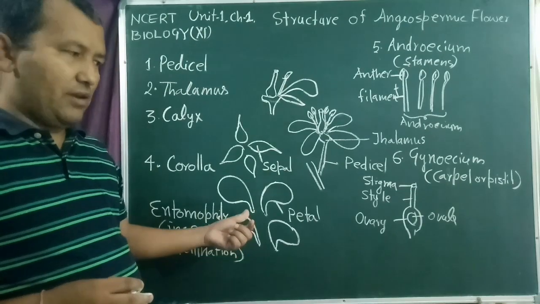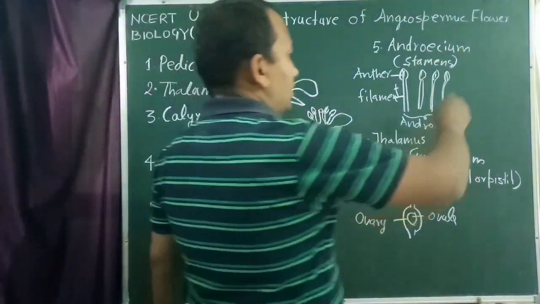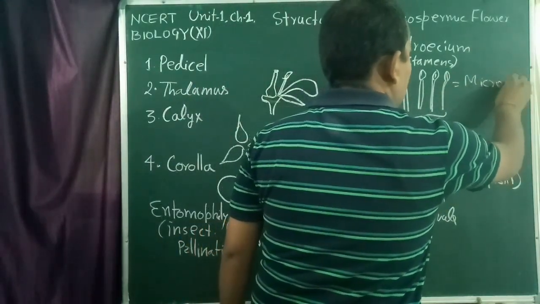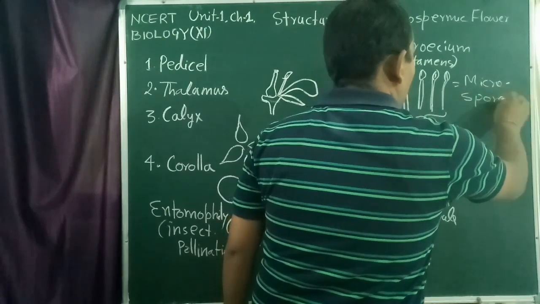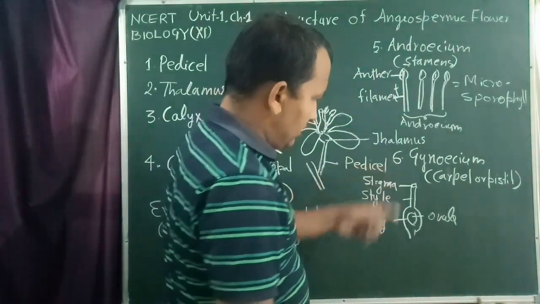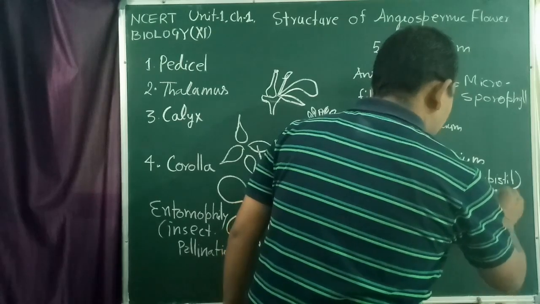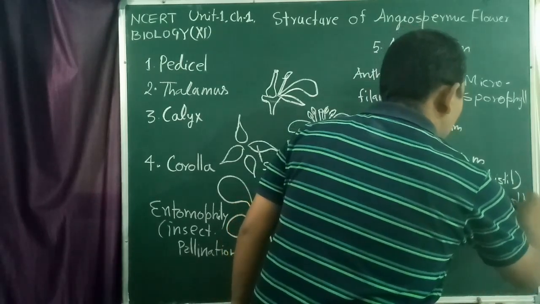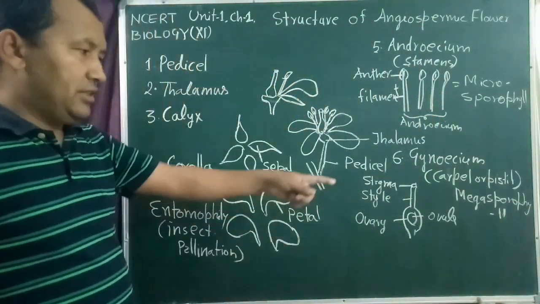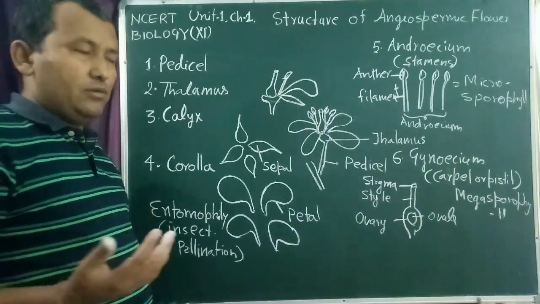Here also, when we say androecium or the stamens, these are microsporophylls. Another name is microsporophyll. And in the same way this gynoecium is also known as megasporophyll. These two terms are also used in the case of gymnosperms, but there no flower is found.